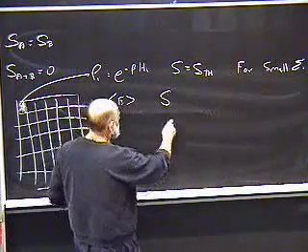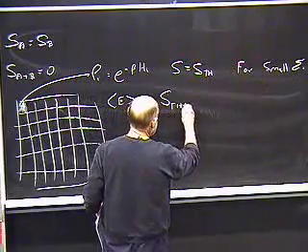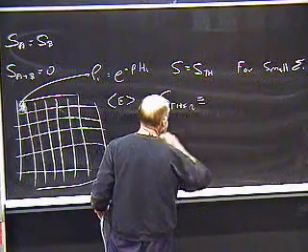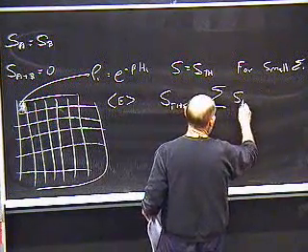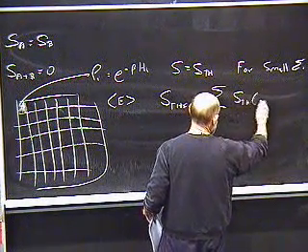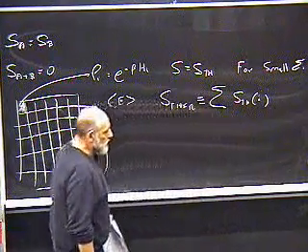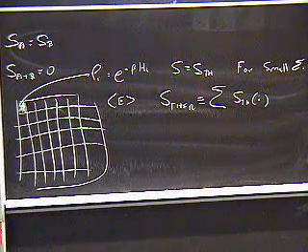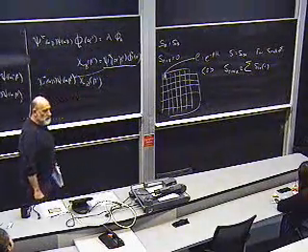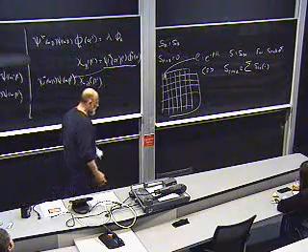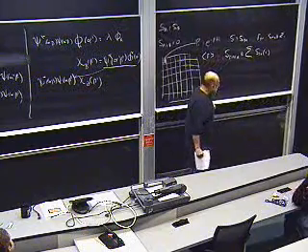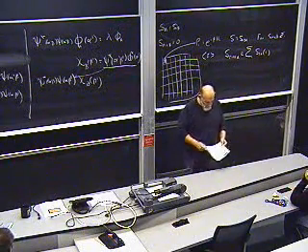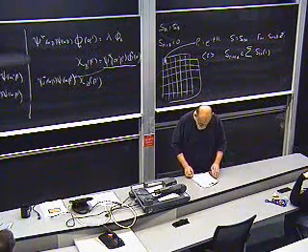For the whole system, by definition, S thermal is the sum of S thermal for the small systems. Now, if you don't like that definition, just give it another name. Call it the sum of all the little entropies. It doesn't matter what we call it; that's going to be its name, the thermal entropy for the whole system.